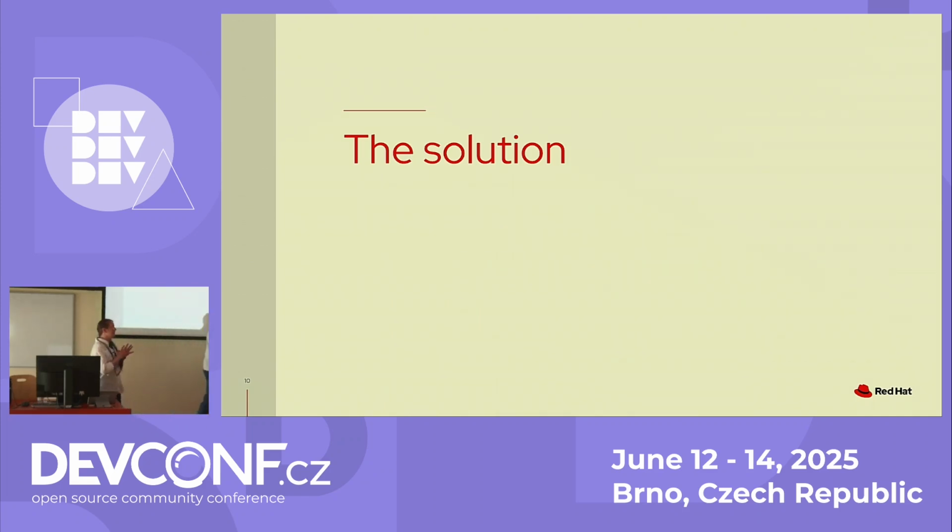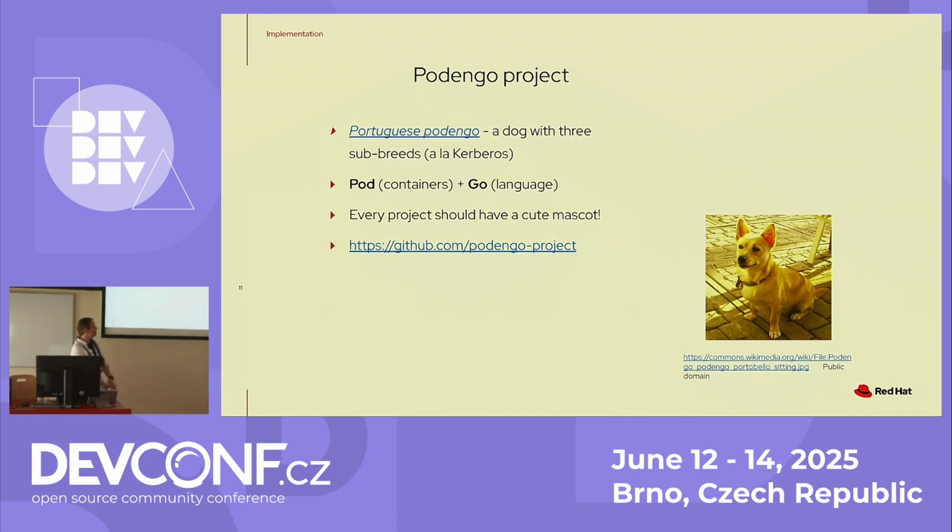So, yeah, the fun part is the solution, which I'm going to present. First, I will start with the project itself. It's called Podengo. Portuguese Podengo is a dog with 3 sub-breeds, similar to Cerberus, as you know, from Greek mythology, who was protecting the gate into the underworld.